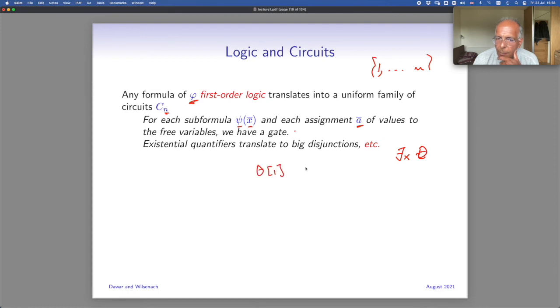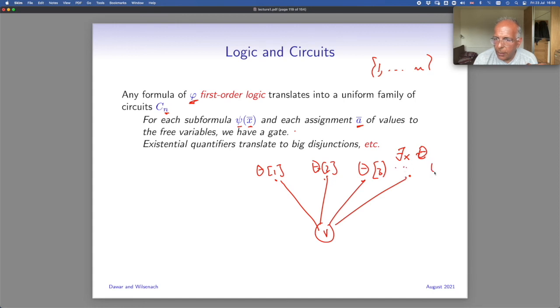Then for each value of x, you will have a gate in your circuit which evaluates theta at that value of x. You'll take a big disjunction of all of these, right? And if psi is your formula, then this is your formula psi.